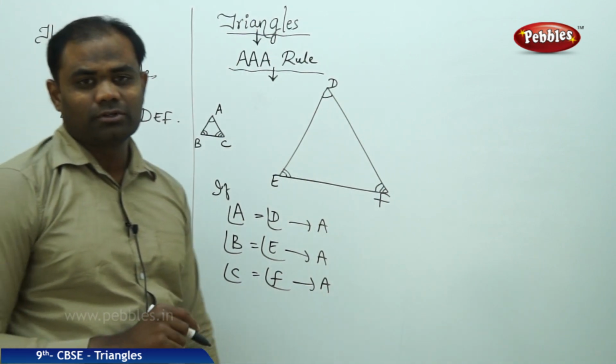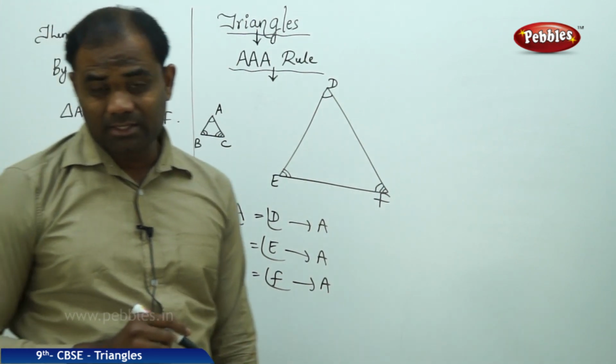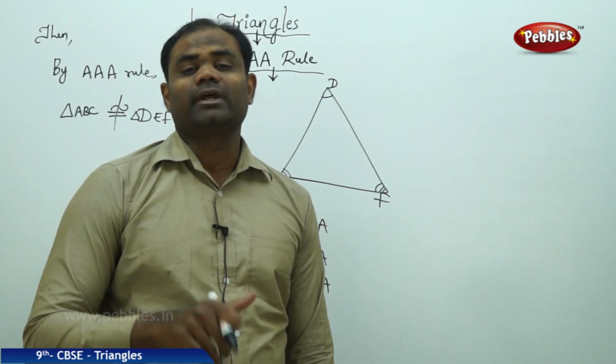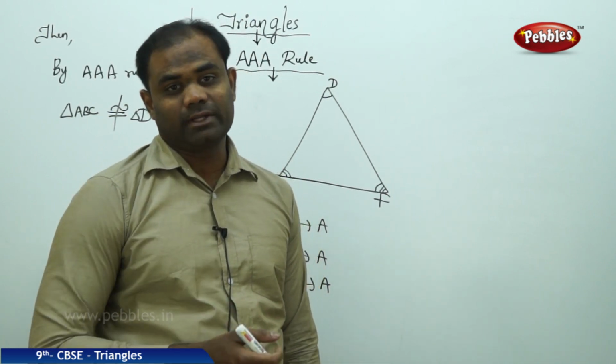It is very important to note that corresponding angles being equal implies the two triangles need not be congruent.